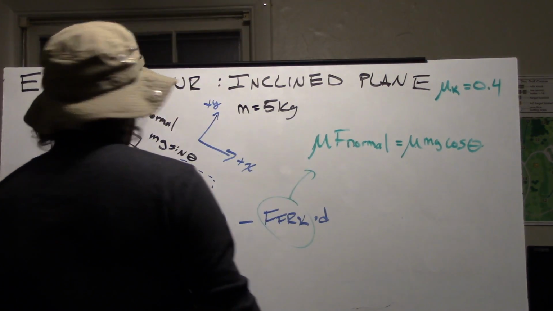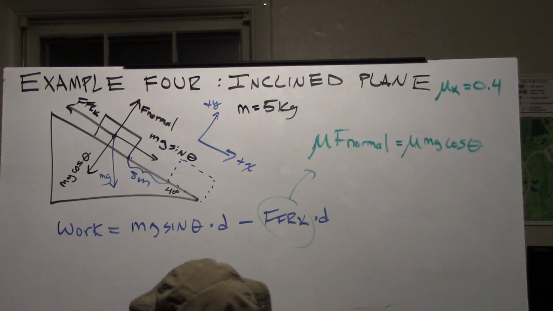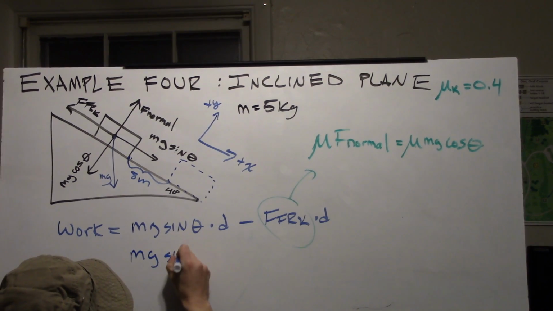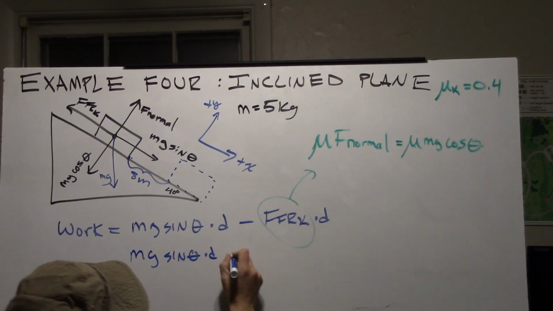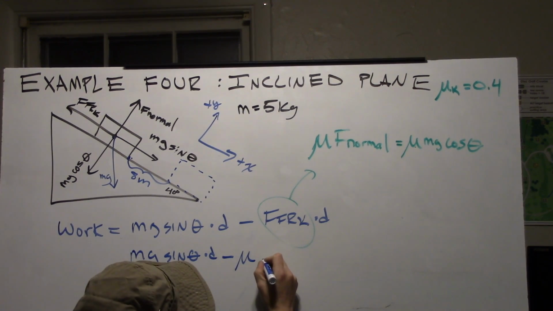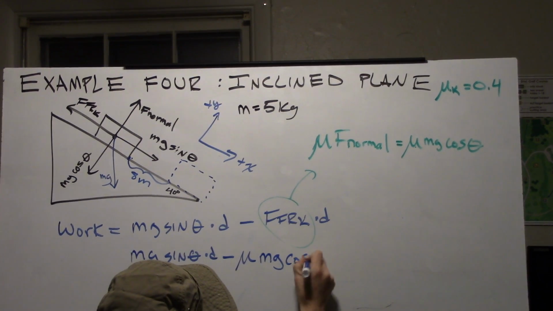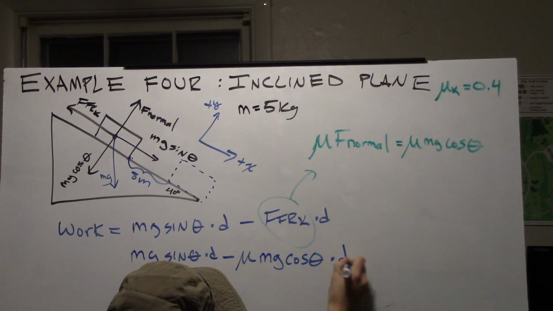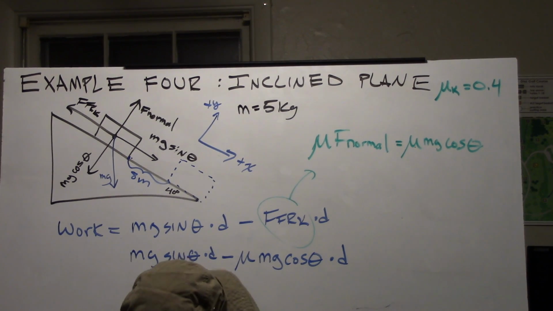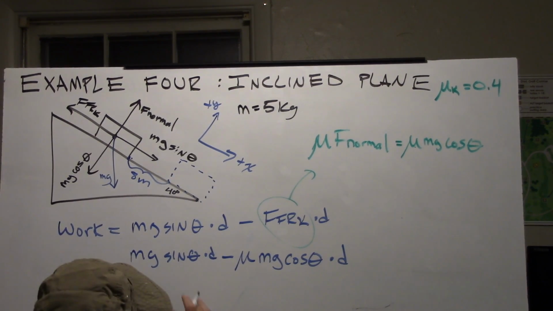All right, so it becomes a little bit shorter, and I'll write this whole thing down in symbols first. So we got mg sine of theta times d minus mu times the normal force, which is mg cosine theta times d. If I were really fancy, I could factor a d out. I think I will be that fancy. Why not? We have this great ability to do that.